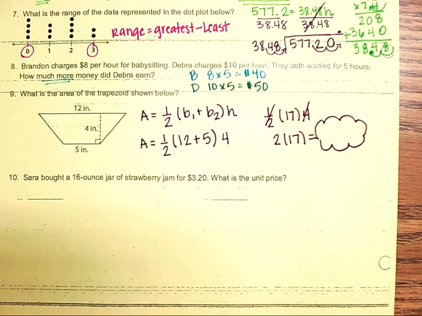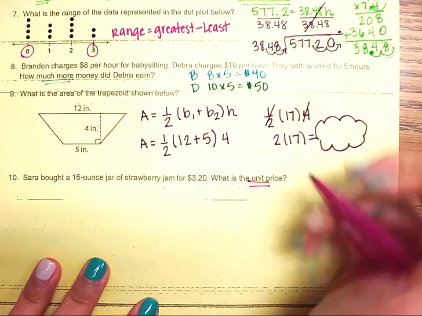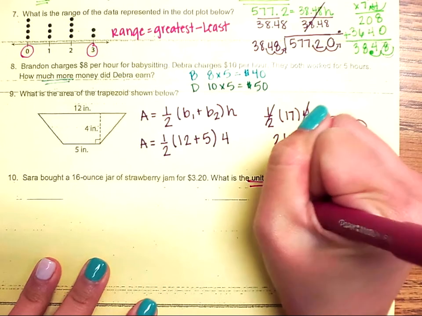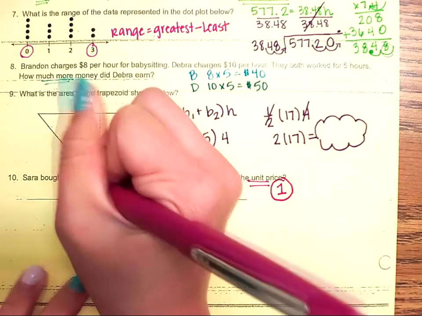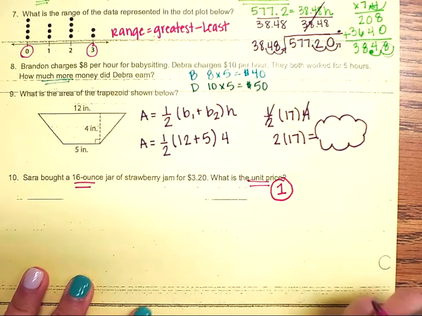Sarah bought a 16-ounce jar of strawberry jam for $3.20. What is the unit price? Remember, unit means 1. So we are trying to figure out how many or how much will 1 ounce cost. 1 ounce.